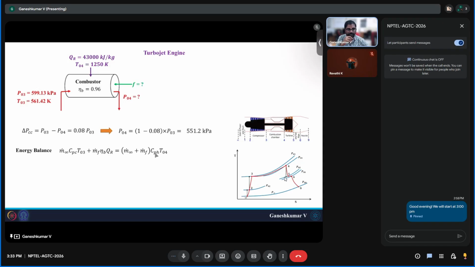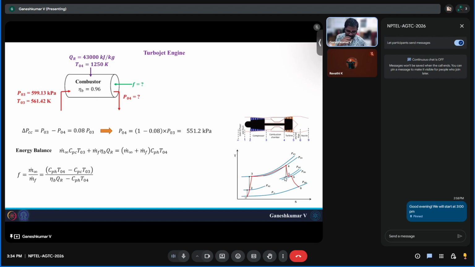So this will be CpH, and it is going to leave at 1250 Kelvin. So in this relation, the only thing we don't know is m dot F, because we know QR, eta B, T03, and T04, the temperature we are going to raise it up to. So the only thing we don't know is mF. So I'm just going to rearrange this relation in such a way I can directly get F in terms of m infinity.